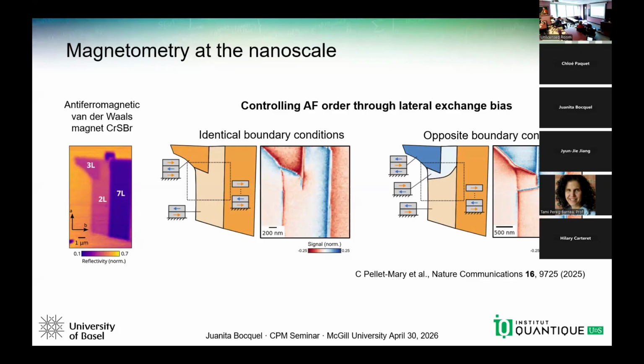They could then study, for example, the propagation of this magnetic domain wall in the sample. And mind you, the domain wall is also a nanoscale feature. That was just to illustrate what has been done with scanning NV magnetometry at low temperature.